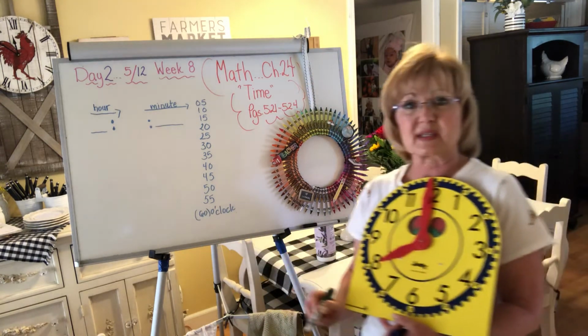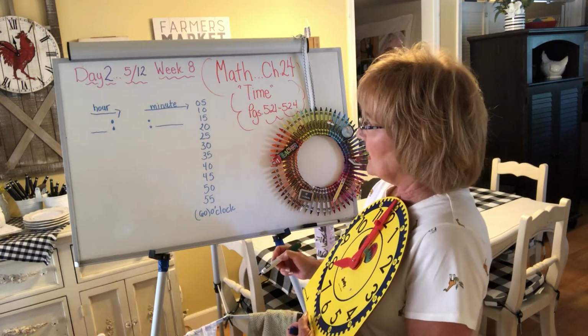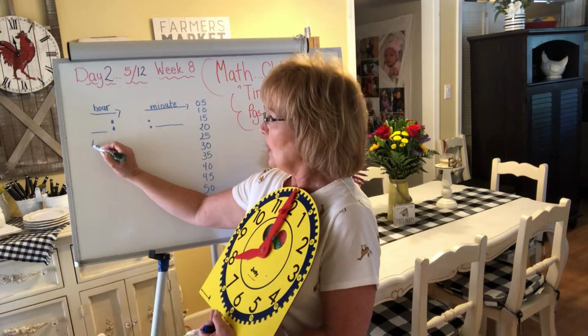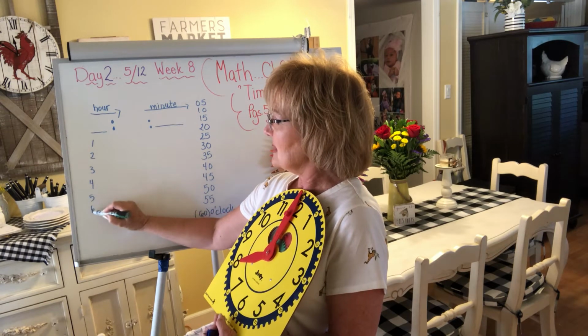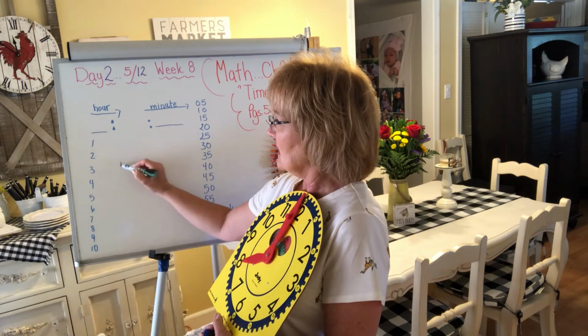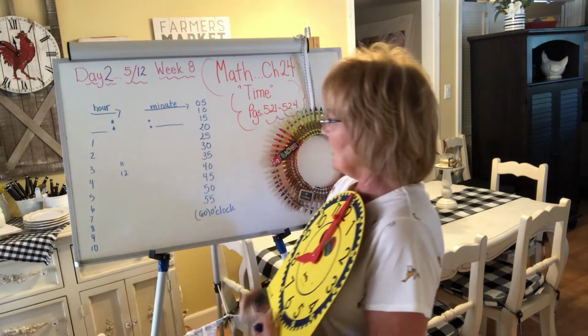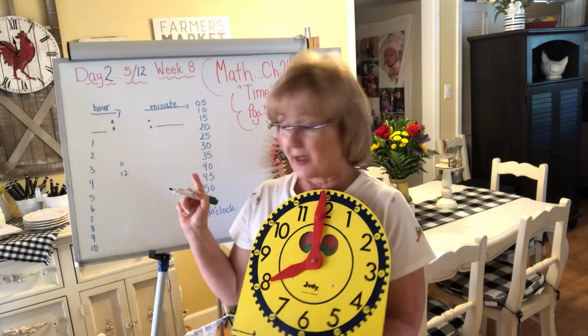We never say 160, we say 1 o'clock, something like that. Okay, and the hours will just be 1, 2, 3, 4, 5, 6, 7, 8, 9, 10, 11, 12. Okay, you won't see 40 o'clock, you won't see 30 o'clock, you won't have 50 o'clock, right?